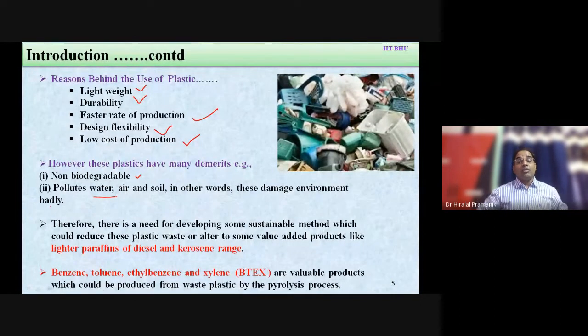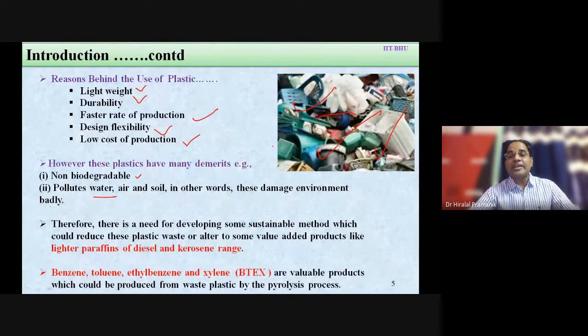Now, what are the consequences? You throw it, and then municipality people carry it and dump it in the dumping ground, and it is non-biodegradable in nature. So a huge amount of plastic is dumped over a time period. What will happen? One is soil pollution, and you can see huge piles of various types of plastic dumped.